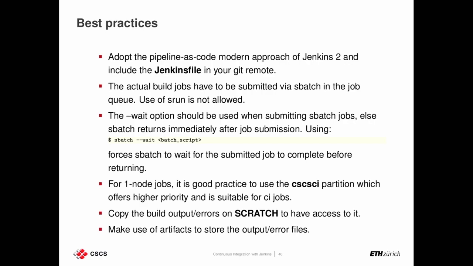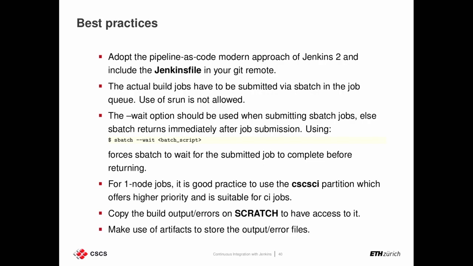We also have a special partition for one-node jobs, the CSCS CI, which you can use in your sbatch script. It has higher priority and is meant for one-node CI jobs, so that your job is scheduled and finishes more quickly than the other ones.